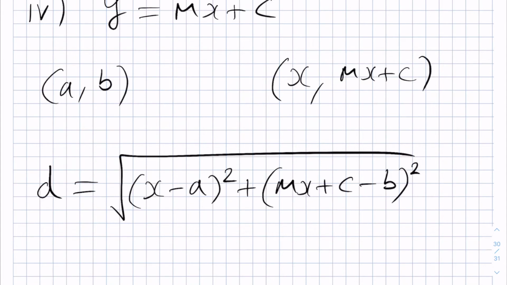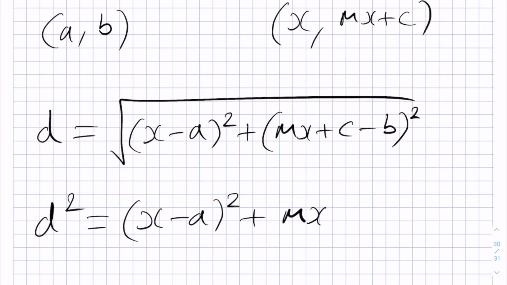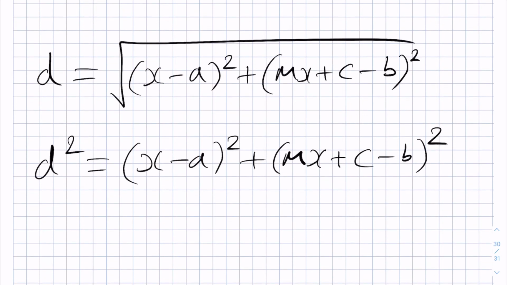Next, we need to show that there is a unique point of S that is nearest to AB. There is a useful trick here, which is to consider d squared, which is removing the square root, x minus a all squared plus mx plus c minus b all squared.